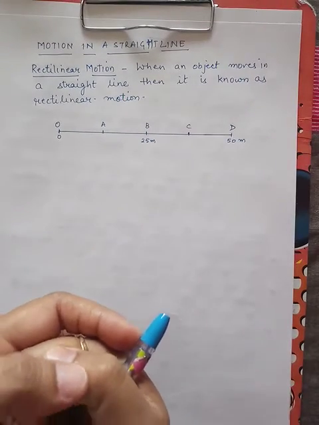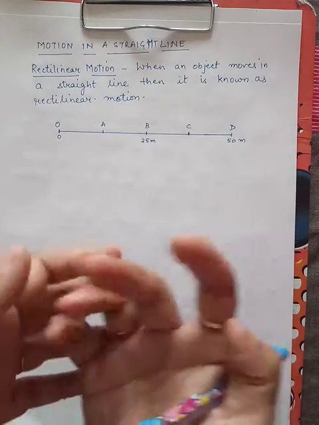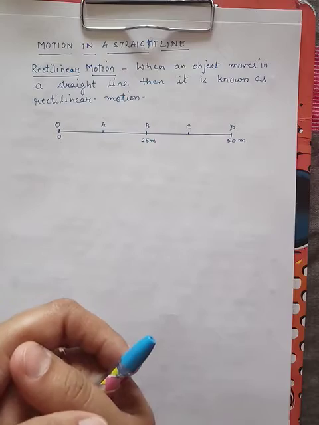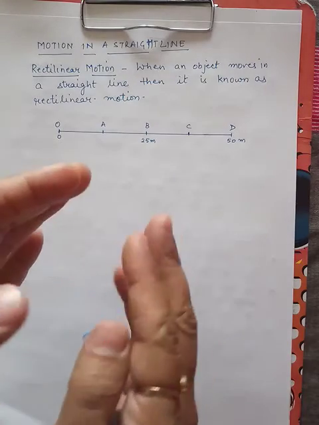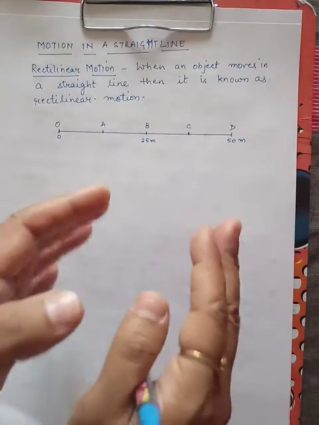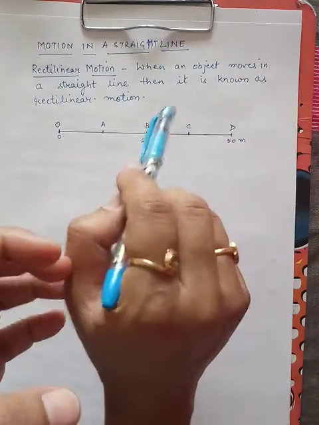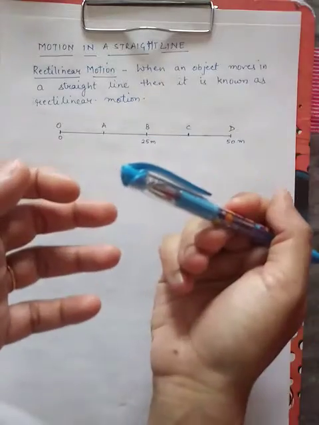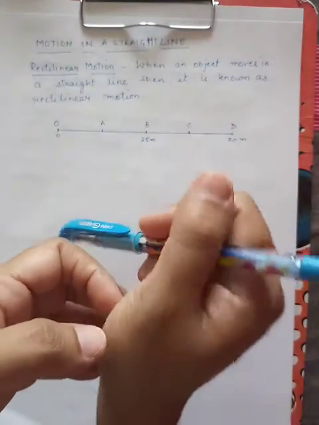Till class 8 we have studied different types of motion: circular motion, random motion, rectilinear motion. All different types of motion we have studied, right? In this chapter we are focusing only on motion in a straight line, right? And we will understand the various details of this type of motion.